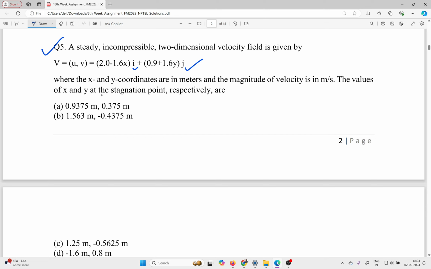The values of x and y at the stagnation point respectively are, option A, 0.937 meter. So x and y you need to calculate here. Options are given, you can see. Please try to give your answer, then I will explain.